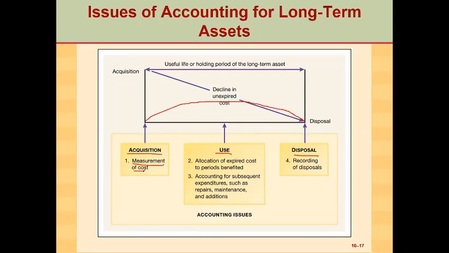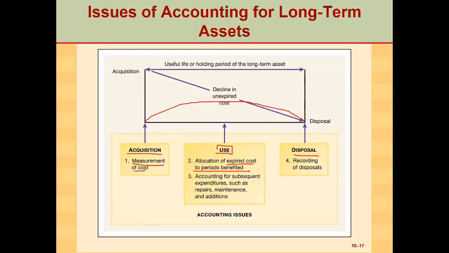Acquisition is what we explained, the measurement of cost, how to measure the cost of the asset. The second is the use. Whenever we are using the asset, we are allocating the expired cost to period benefit, the depreciation expense that we calculate every period. This is very normal, and I think you are familiar with calculating depreciation.